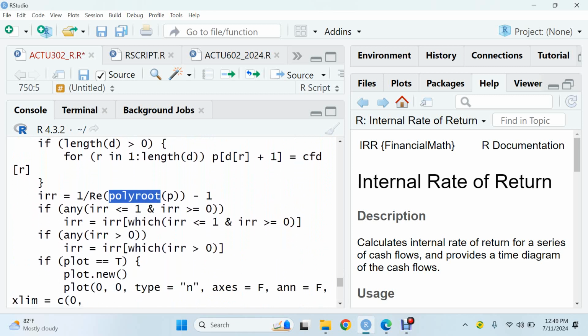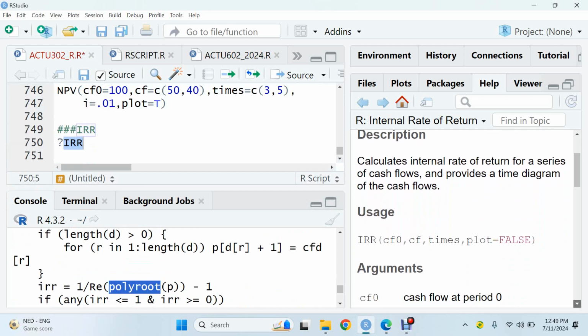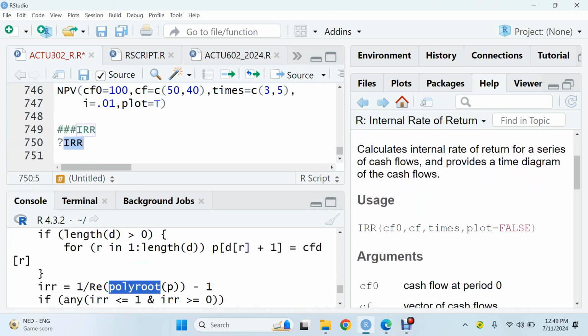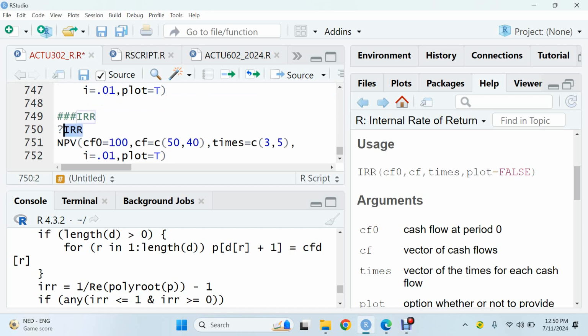Yeah. Okay. So let's still go to the help files. We have the usage. So you have IRR, CF0, CF, times, plot. By default, plot is false. So it says CF0 is the cash flow at period 0. CF, so it's basically the same. Yeah, the same thing. Okay. So we can copy this, and then instead of NPV, what do we put there?